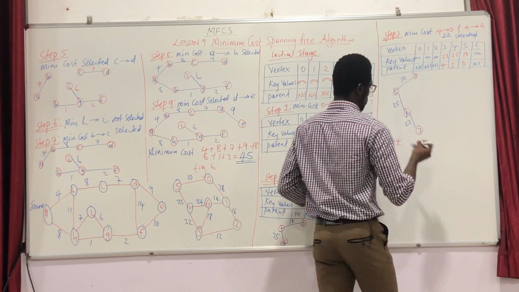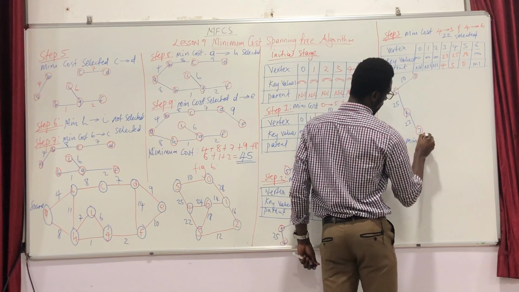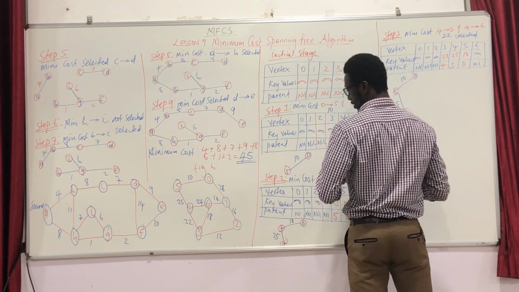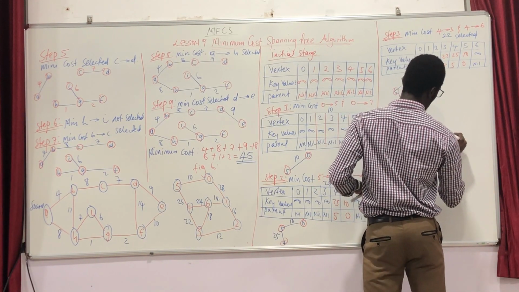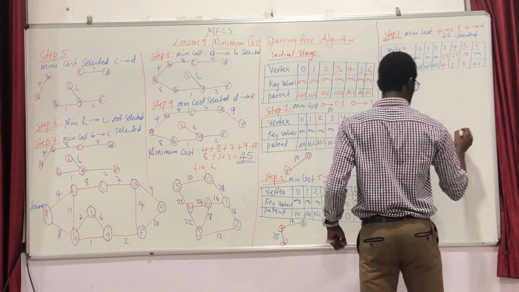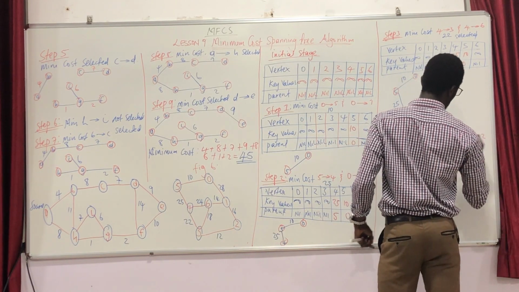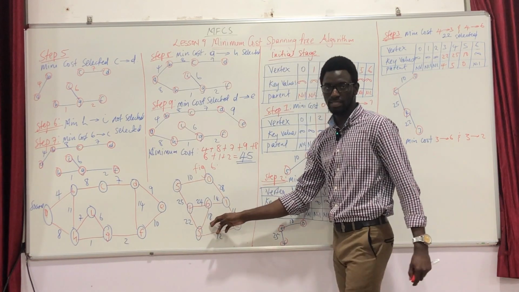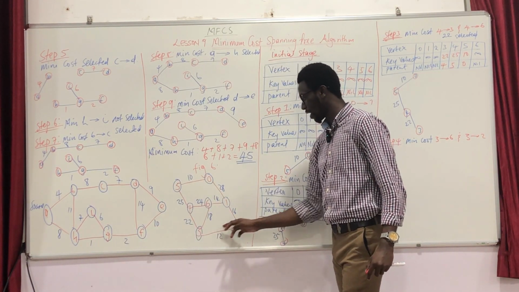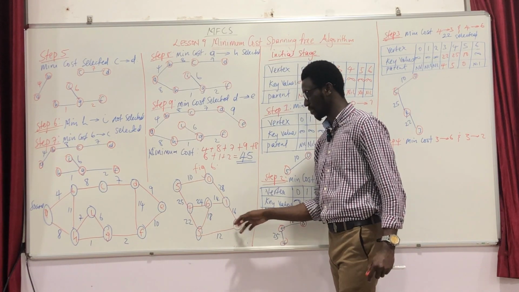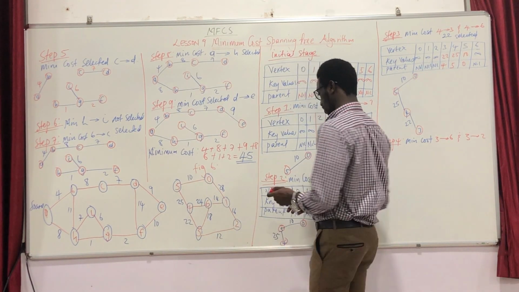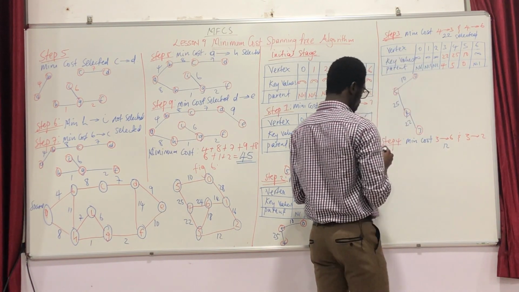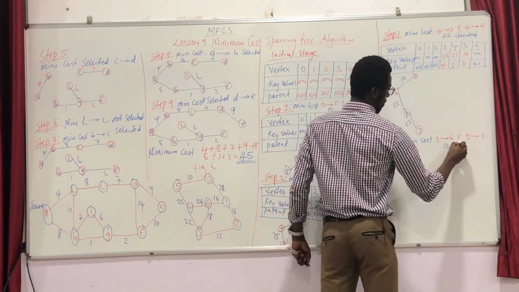So minimum cost: 3 to 6 and 3 to 2. Which one is selected here? 3 to 6 has 18 and 3 to 2 has 12. So 3 to 2 is selected because it has the minimum cost. So here, this is 12. Selected.